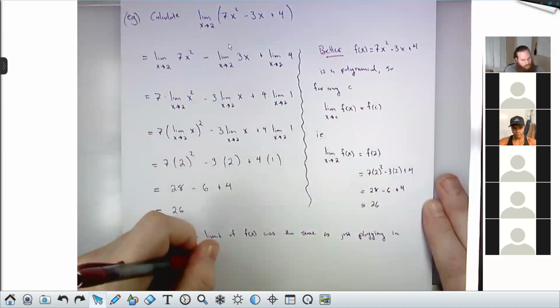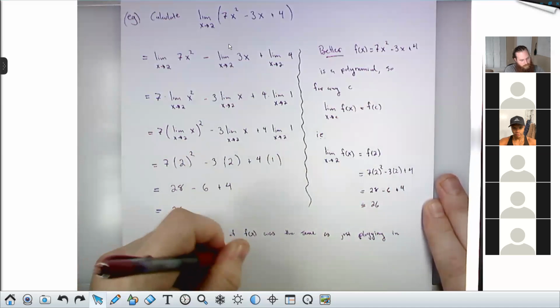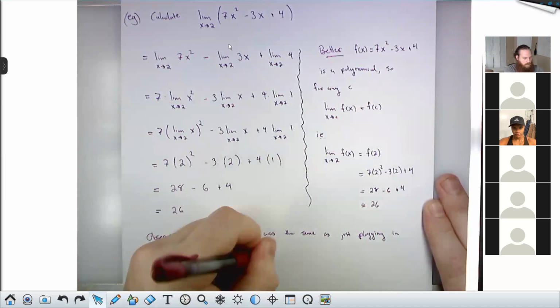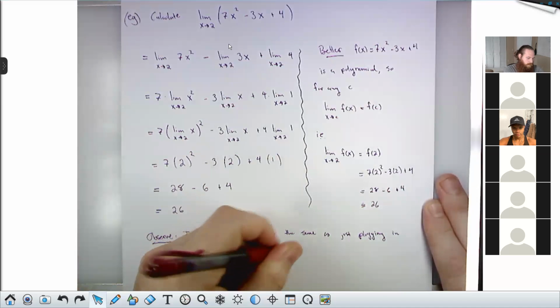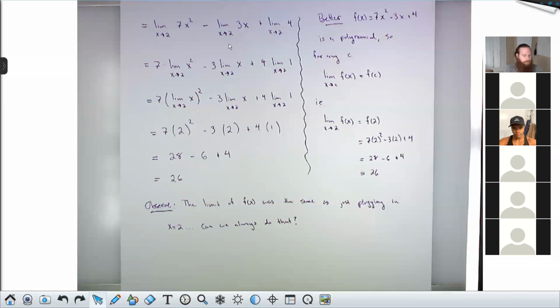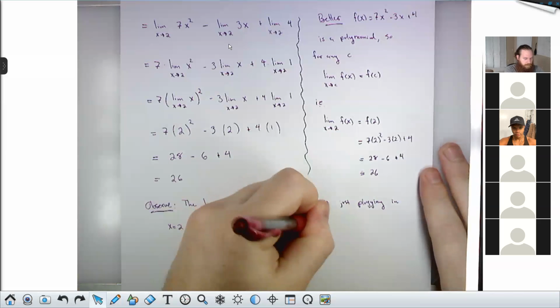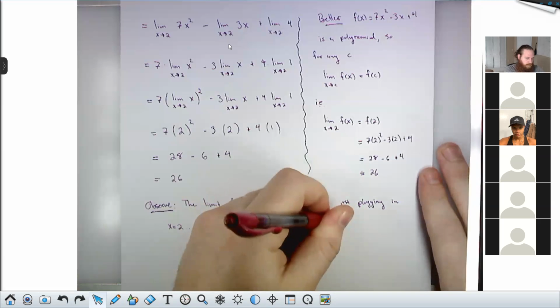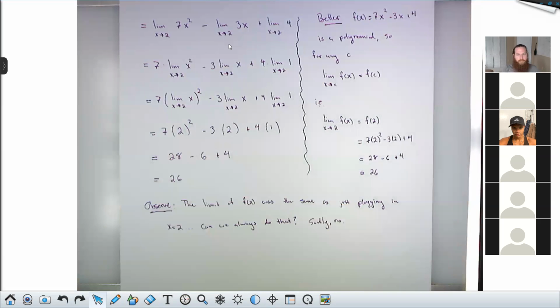Can we always do that? No. Unfortunately, the answer here is no. You run into trouble when the thing you're trying to plug into is undefined at that point.